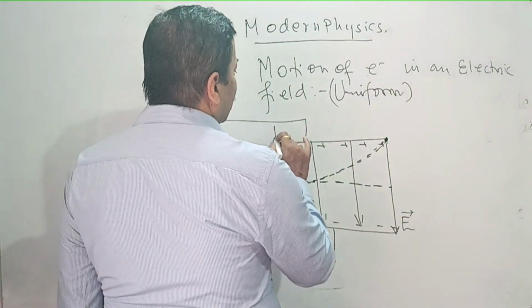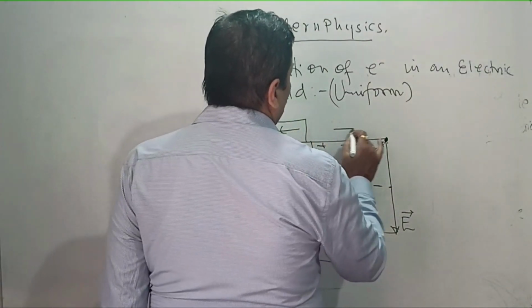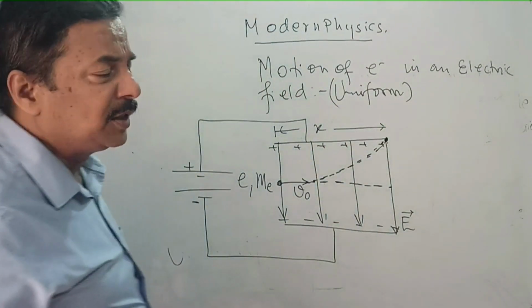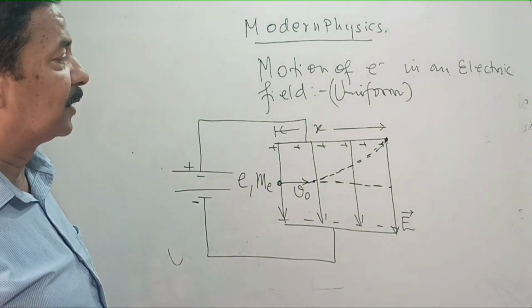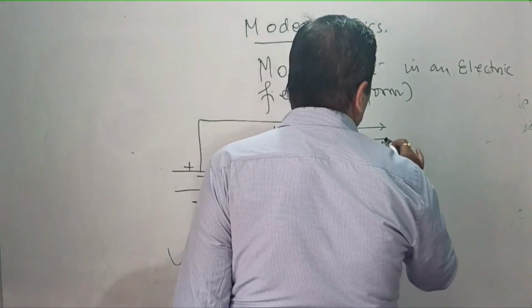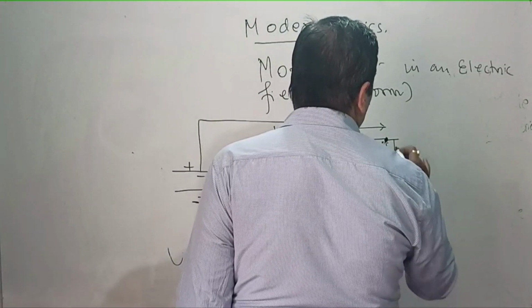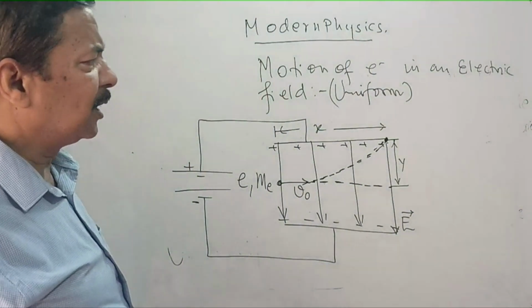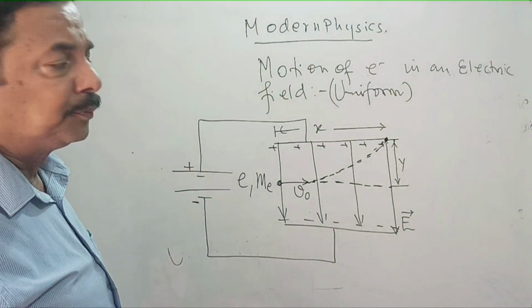If we consider x as the length of the region in which the uniform electric field exists, then this vertical displacement we can take as y.